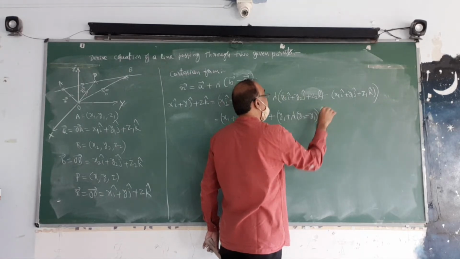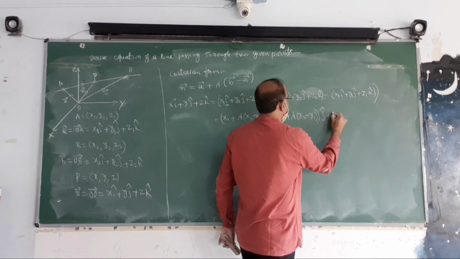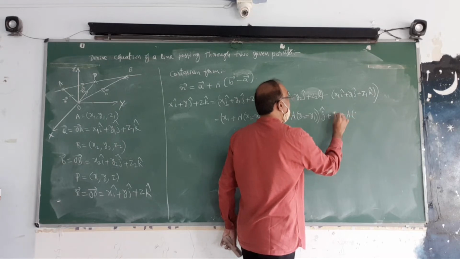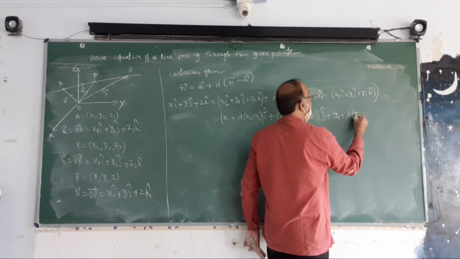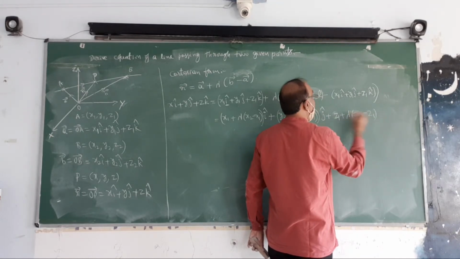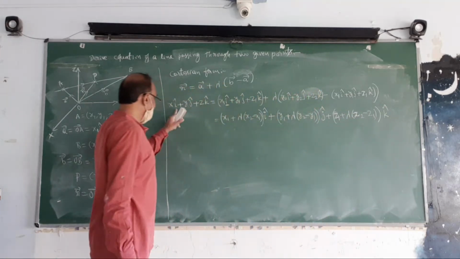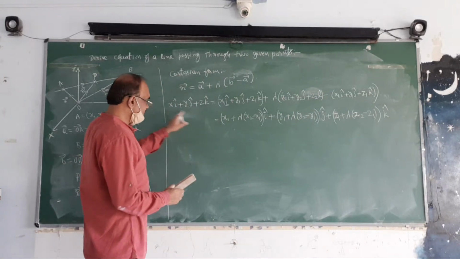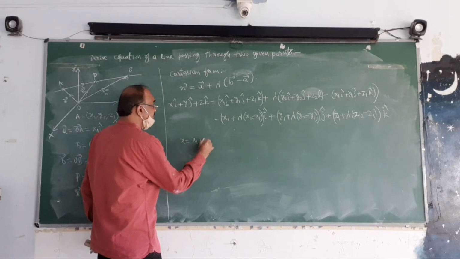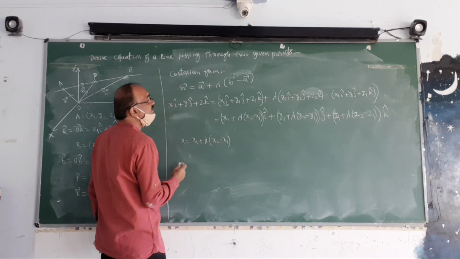Then z1 plus lambda times z2 minus z1, whole is the k component. So here it is xi. So now x is equated to this one. x equals x1 plus lambda times x2 minus x1.